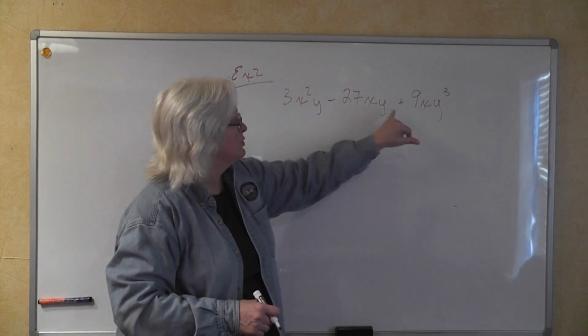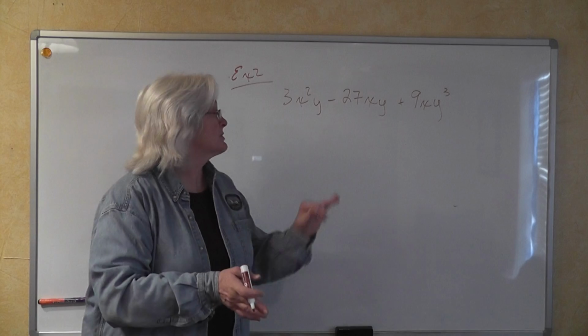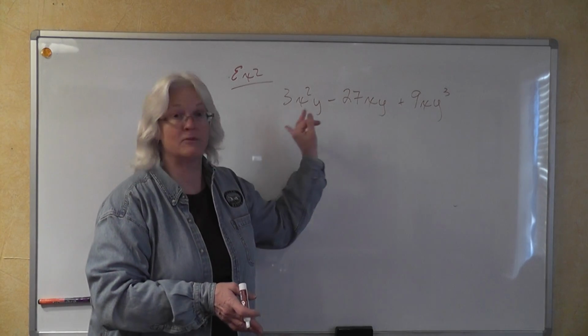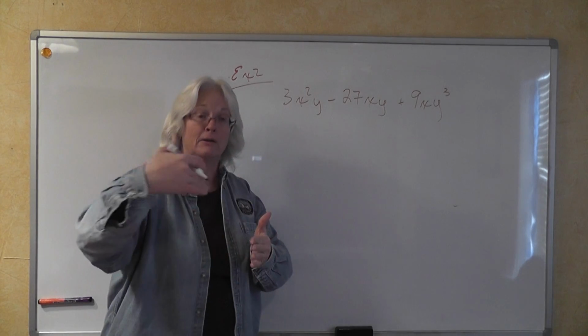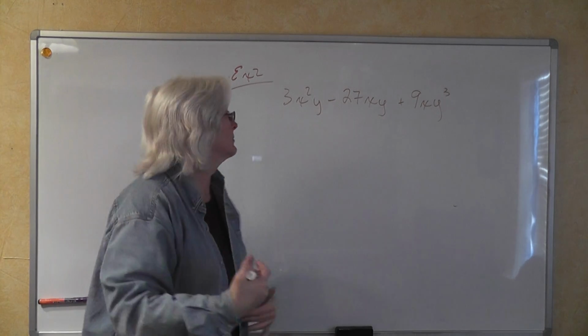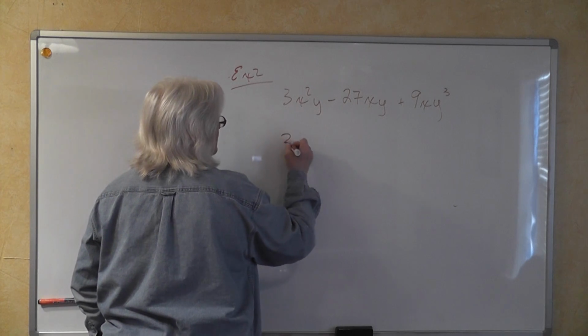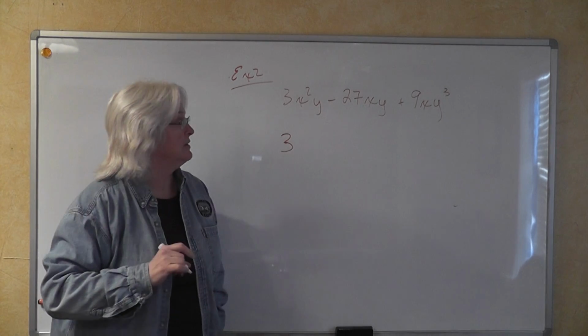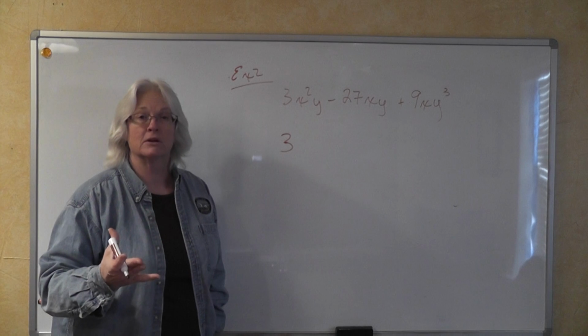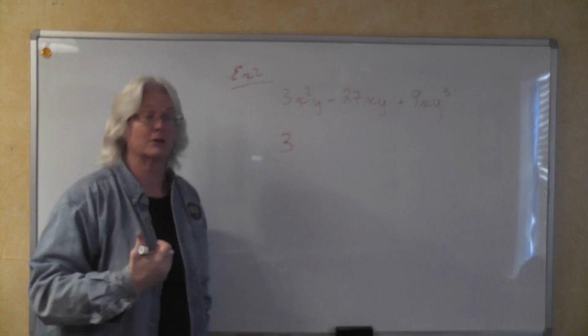We have 3, 27, and 9. And if you're not able to look at those three numbers and know that 3 is the common factor there, you need to go way back in your book, and I think it's 1.7, figure out how to do prime factoring. So 3 is the common factor of 3, 27, and 9. Now, let's look and see if we have a variable factor in common.